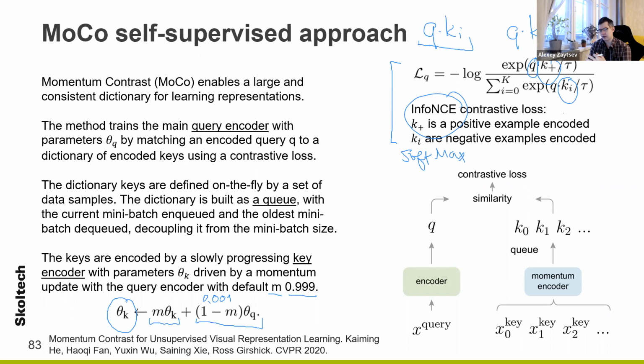Also, another comment is that we have another heuristic that helps us to make the model better. It's called a queue of objects here. In the initial statement for contrastive models, it's quite natural that we have some mini batches of objects, and this mini batch is the same at each step.